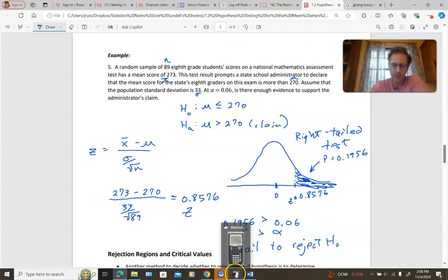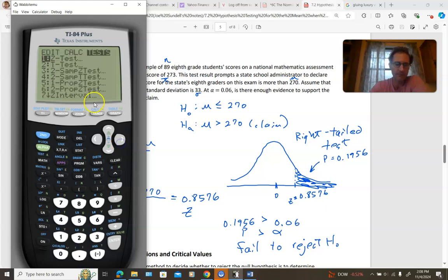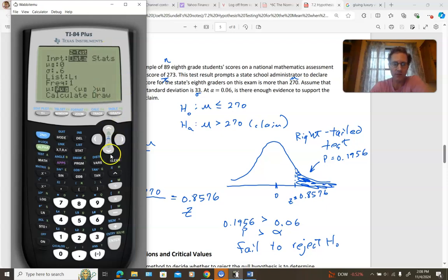I also want to show you, using the calculator, that you can perform a z-test in the calculator, guys. If you come over here to Stat and go over to Tests, it's this very first one. If you hit Enter, you're prompted to either input the actual data from the sample or use the statistics from the sample.